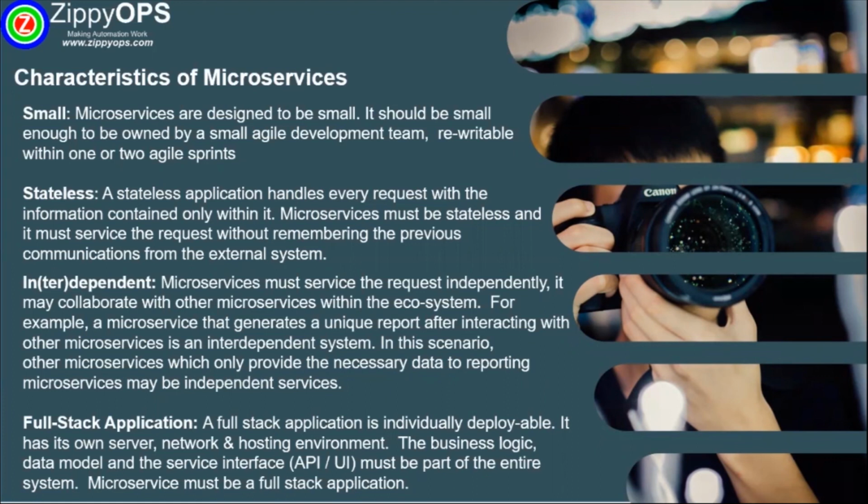The next characteristic of a microservice is that it is independent. Independent means the service can consume information from the other service, but if any business logic needs to be applied, it should be available in the service itself. I will give you an example of independence.